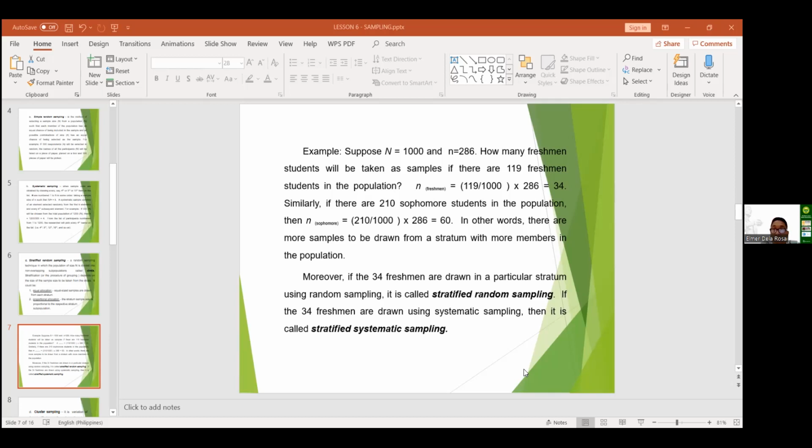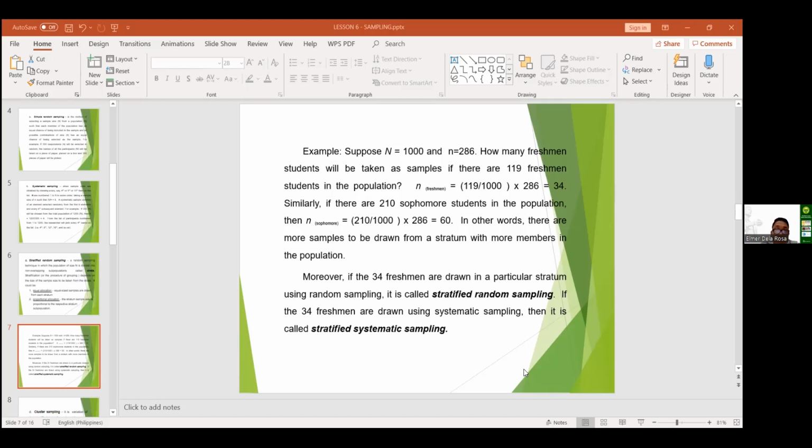So in other words, out of the 286, hindi 75 o hindi 72 ang first year, kundi 34 lang. Kasi konti lang naman sila sa population. 119 lang daw ang freshmen, so 286 ang kukunin mo, you only need 34 of these freshmen. Pero kung ito ay equal allocation, 71.5.